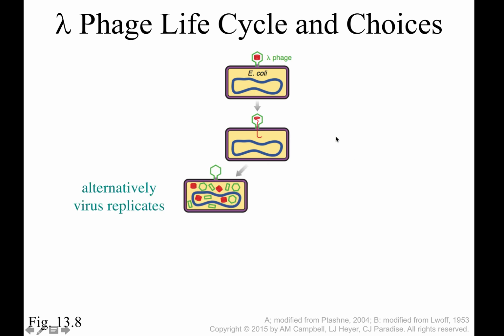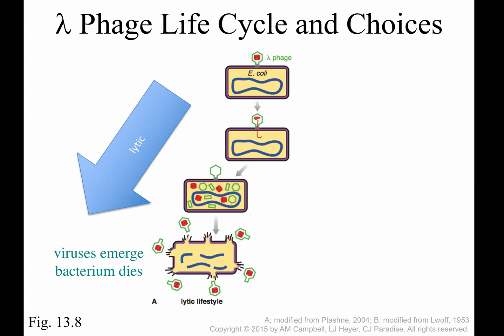But it can also go in a different direction where it will use the ribosomes of the host cell, the cell that it is infecting, to make new copies of the virus, and then assemble those new copies, and then the virus will burst that cell that it infects and kills the original cell. And that's called lytic, for lysis or split. Lytic.